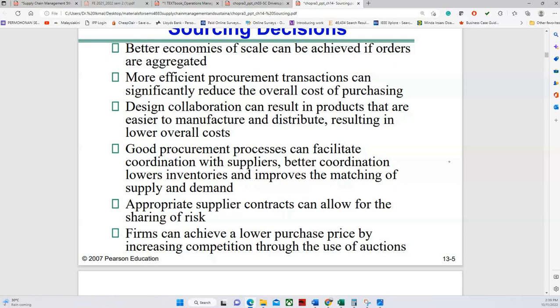And then the next one, appropriate supply contracts can allow for the sharing of risk. This is the thing that I think I did mention to you, the not win-win situation, if you compare RB Highcom and Volkswagen. Volkswagen charges RB Highcom once the parts leave the Volkswagen factories in India or Spain.